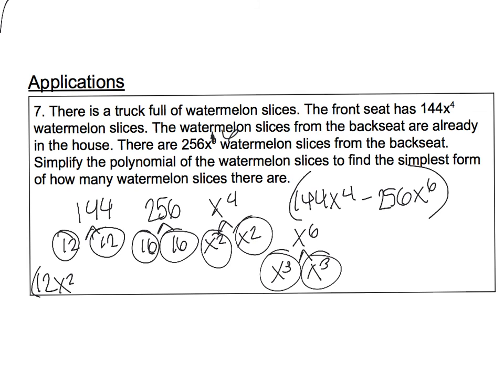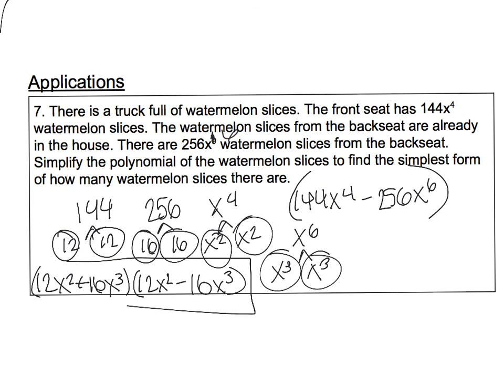So, 12x squared plus 16x cubed, next parenthesis set, 12x squared minus 16x cubed. And remember, one of your equations should always have a minus sign and the other one should have a plus sign. And this is your final answer.